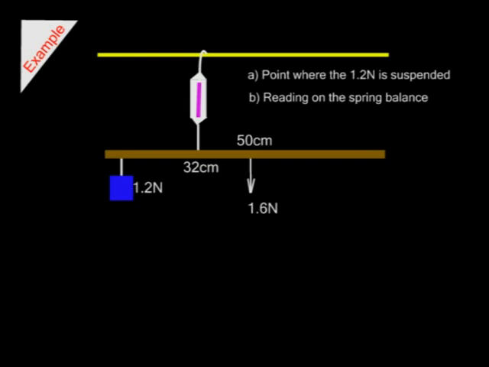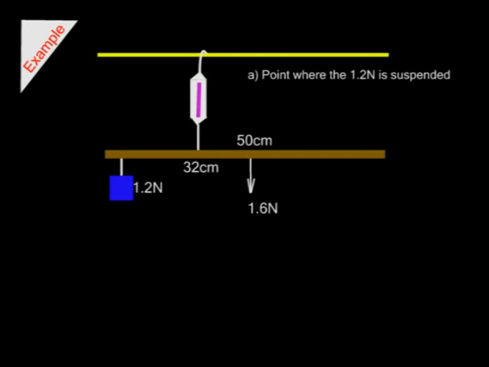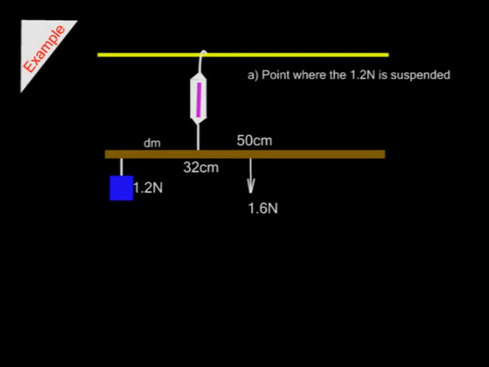Letting the 1.2 newton weight be d meters from the 32 centimeter mark, we take moments. The anti-clockwise moments are 1.2 times d. The distance from the 32 centimeter mark to the center, that is the 50 centimeter mark.